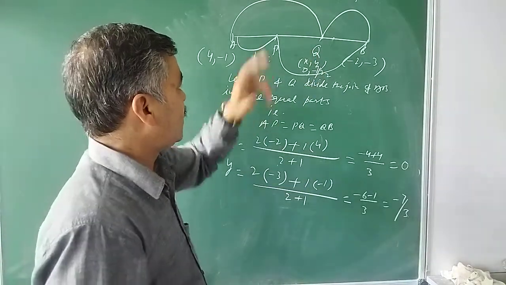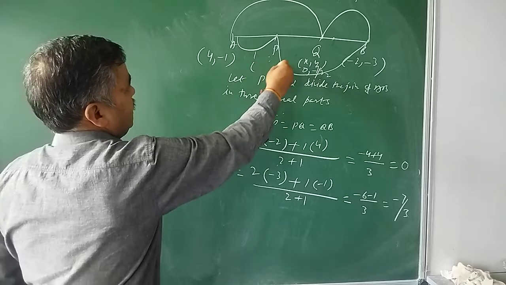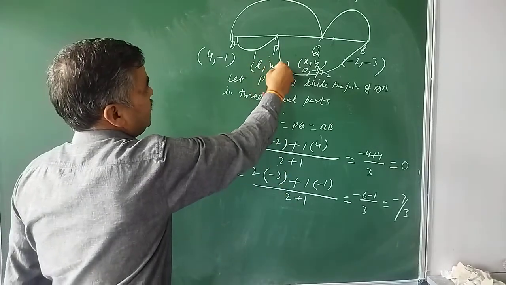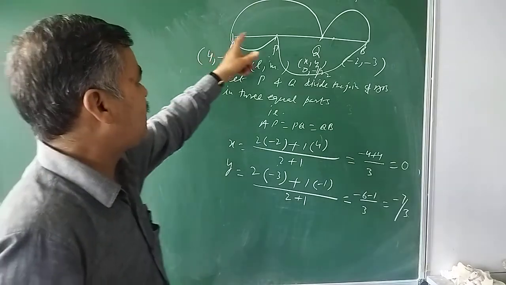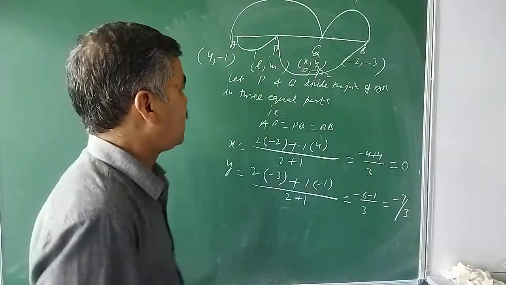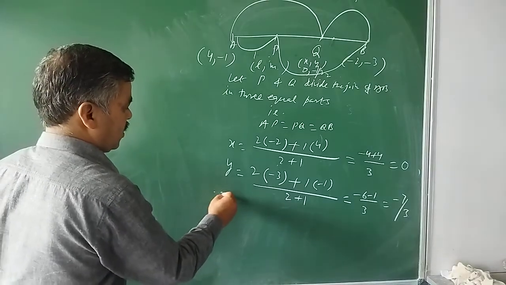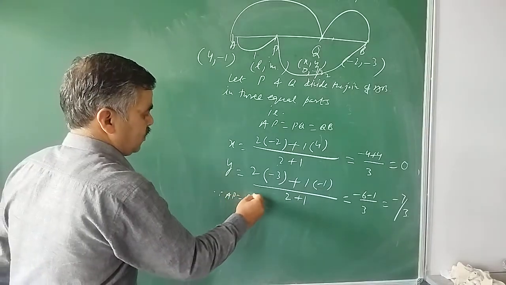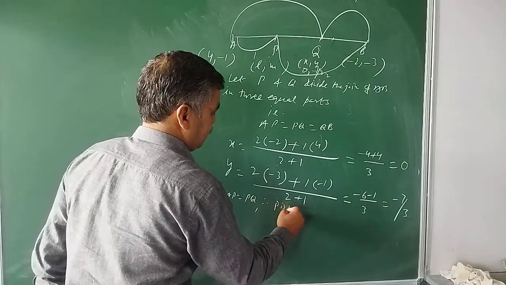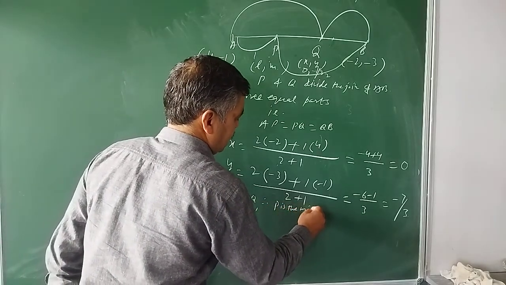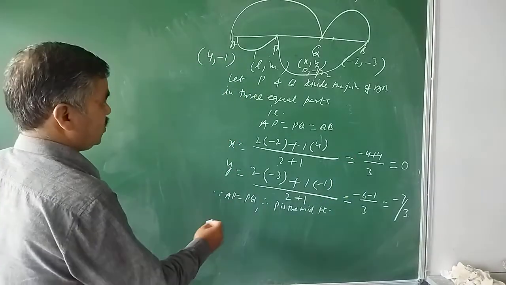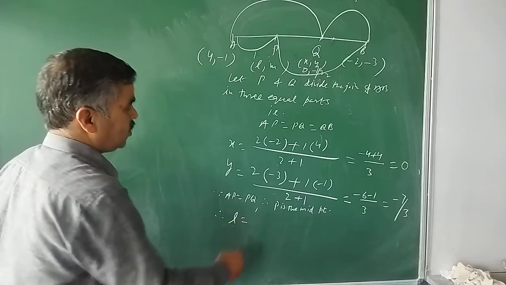Now to calculate P, you look at this, suppose I am saying this is L and this is M. Don't you think that now P is the midpoint of AQ, because AP is equal to PQ. So P is the midpoint, therefore L is equal to what?